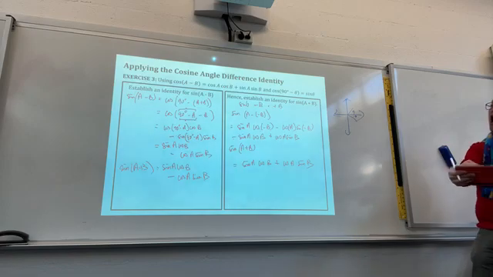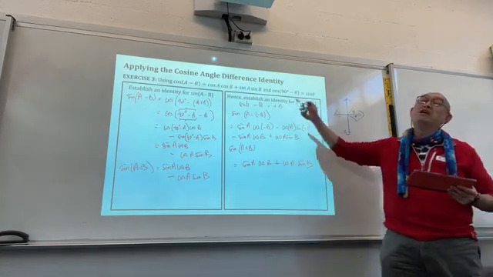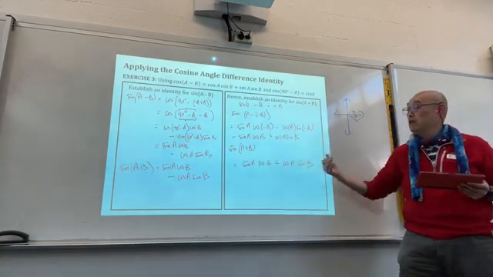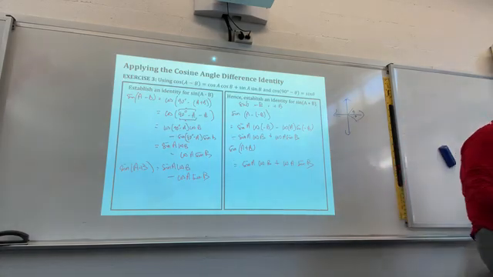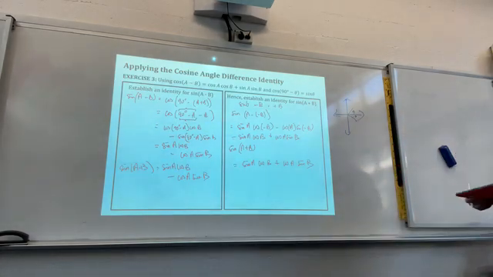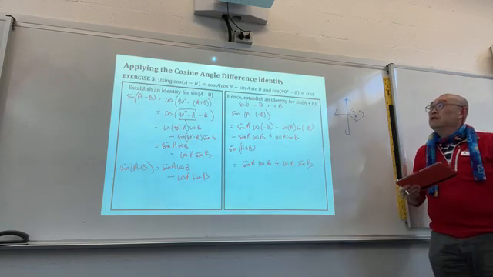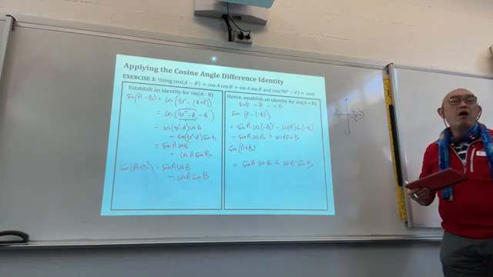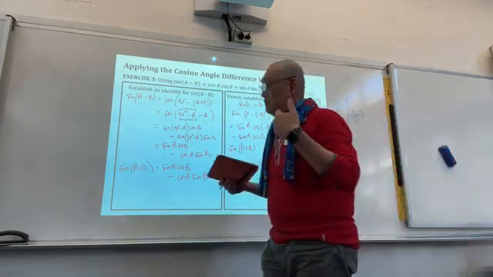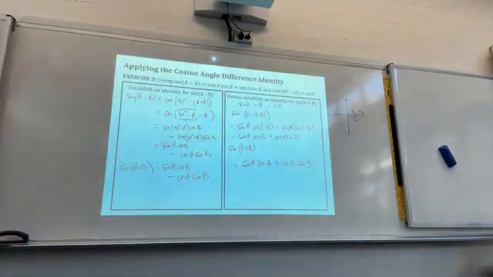This is how you use all the information you have, what you have learned, to actually work that out. This is thinking about how to derive the angle sum and angle difference.